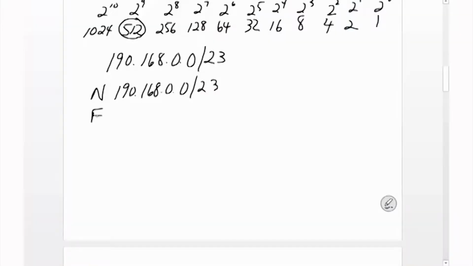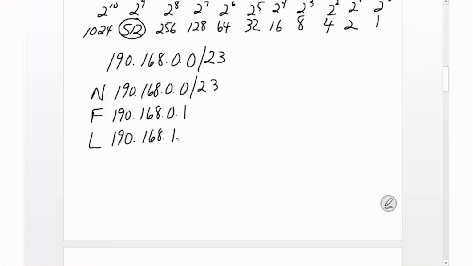My first usable address is going to be 190.168.0.1. My last usable address is going to be 190.168.1.254. And my broadcast address, which I also have to reserve, is going to be 190.168.1.255.